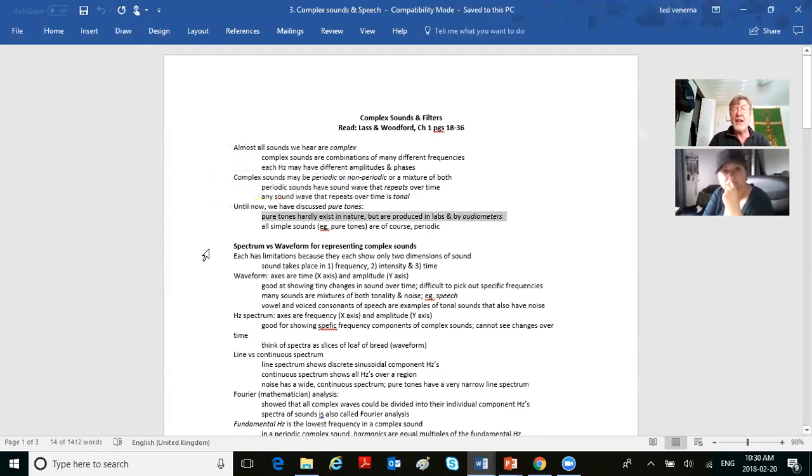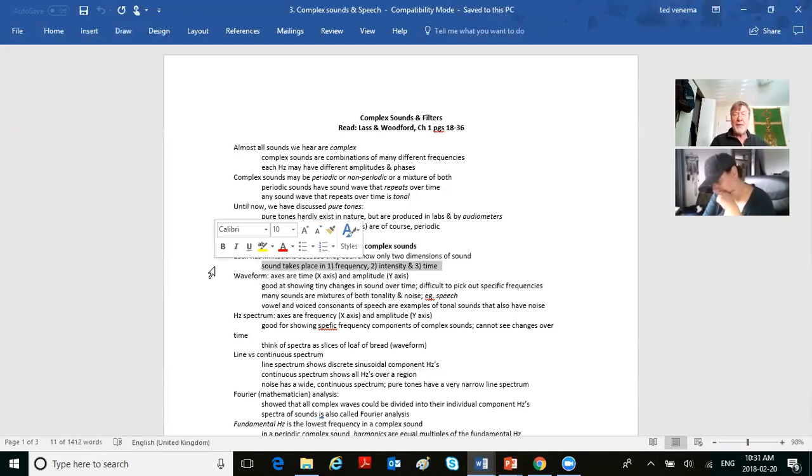And now we have the second section, spectrum versus waveform for representing complex sounds. You will read the limitations of each. Sound takes place in frequency and intensity over time, but a piece of paper has only two dimensions, length and width. So I need two different ways of showing sound.